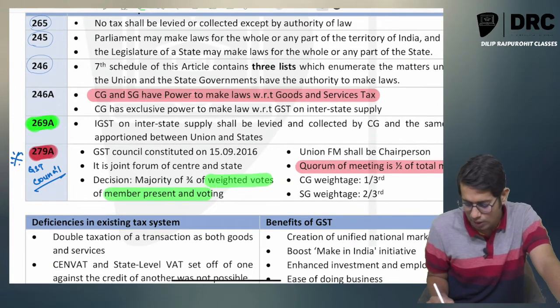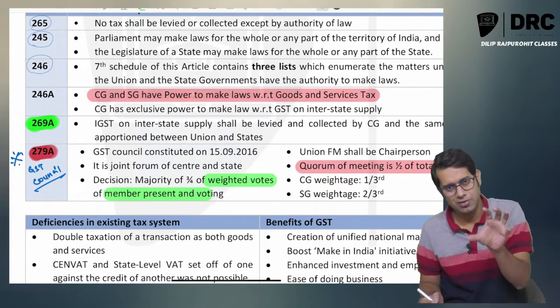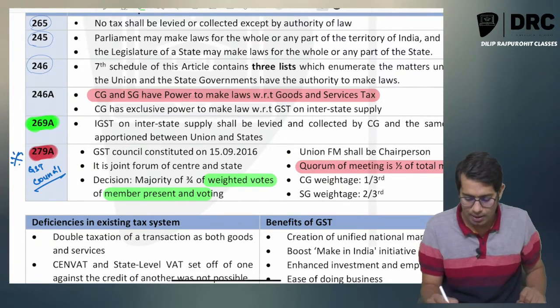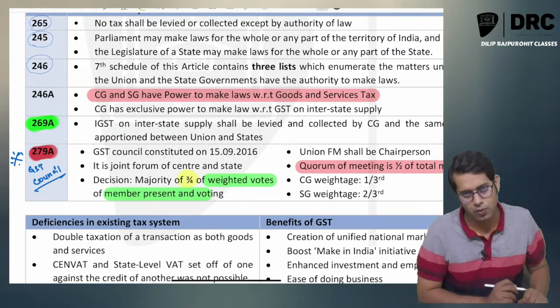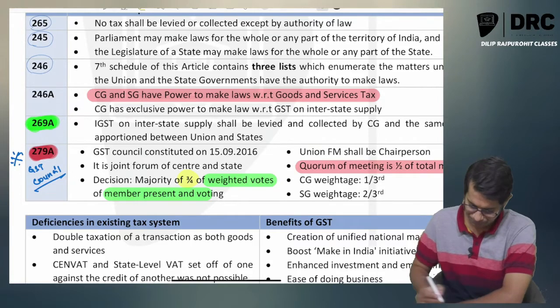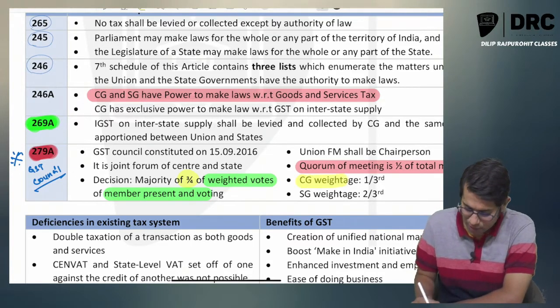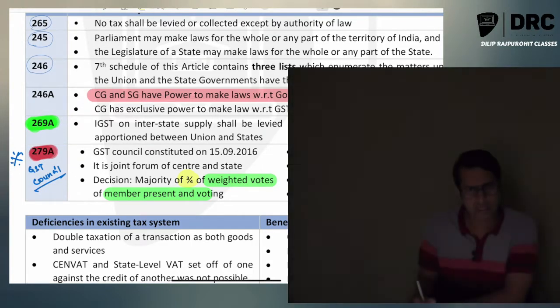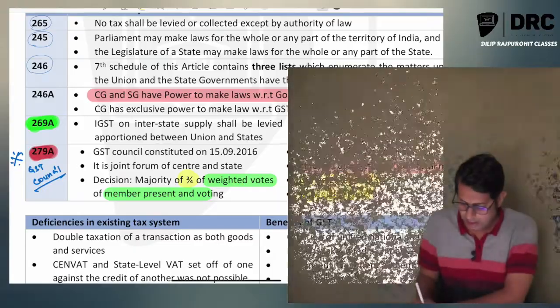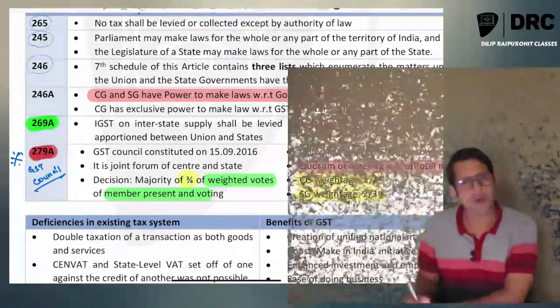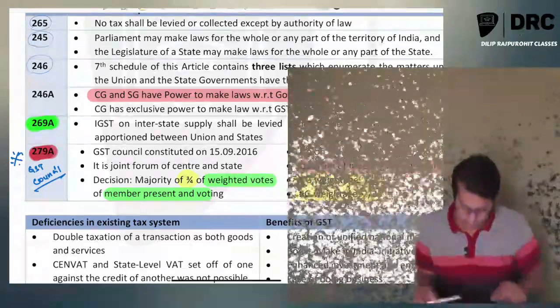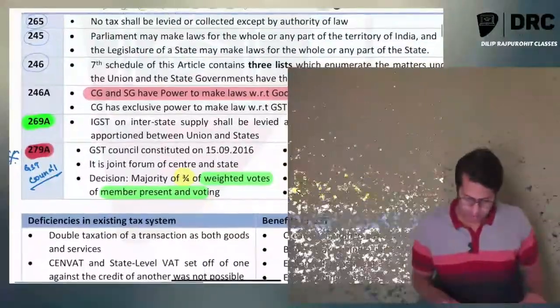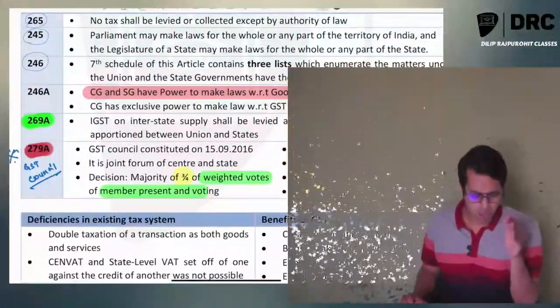For those votes, they take the weighted total, multiply it by 3/4, and see the majority. Sir, what is the weight? The weight is 1/3 for members of the central government and 2/3 for members of the state government. These are the weights. Okay, so this completes our discussion on 279A.